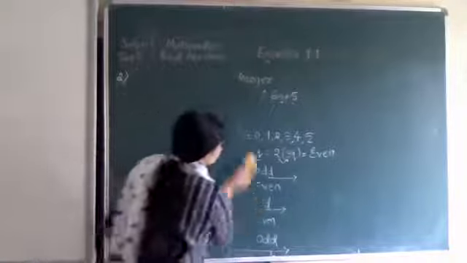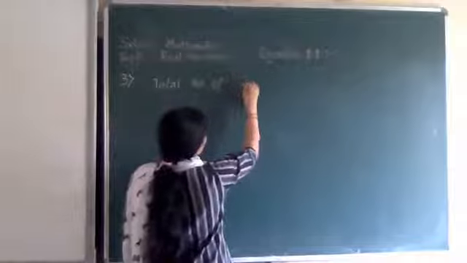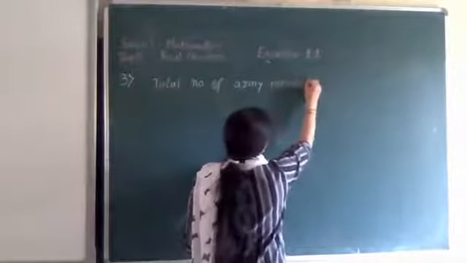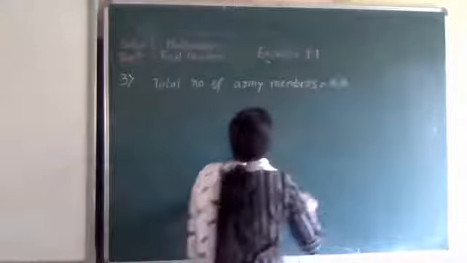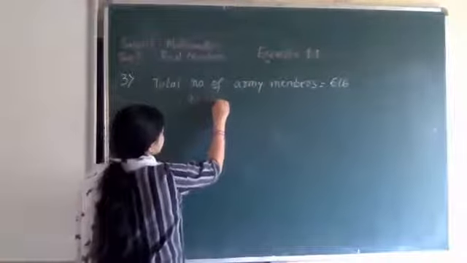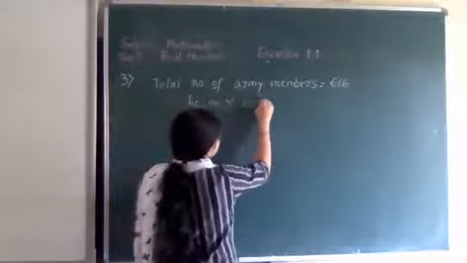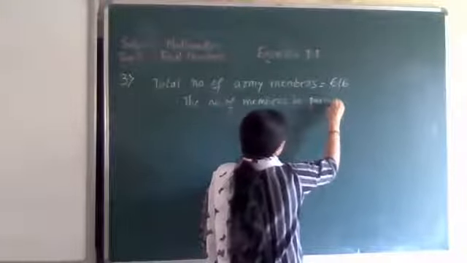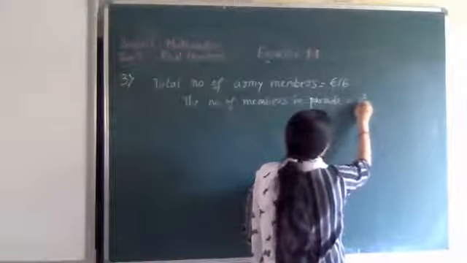32 members. Total number of army members is 660, and the number of members in the parade column is 32.